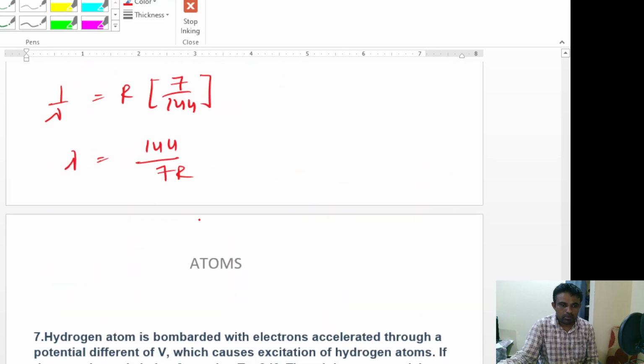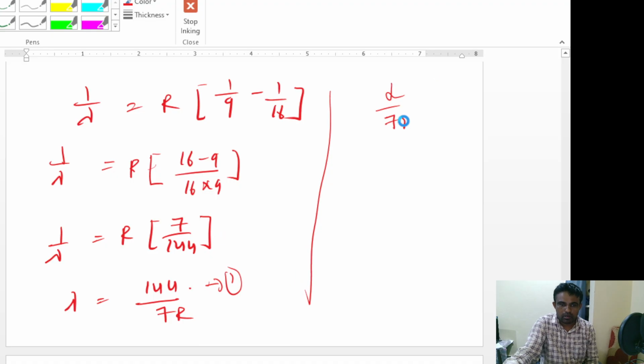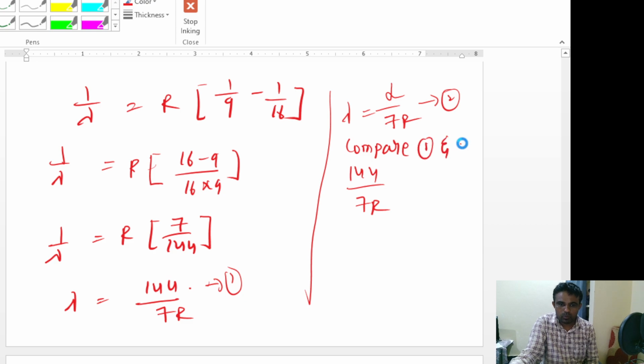So alpha by 7R is compared to this equation. Let us assume this one is equation number 1 and alpha by 7R is equation number 2. So 144 by 7R is equal to alpha by 7R, comparing 1 and 2. So alpha is equal to 144.